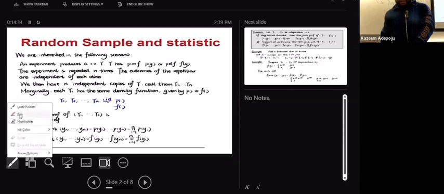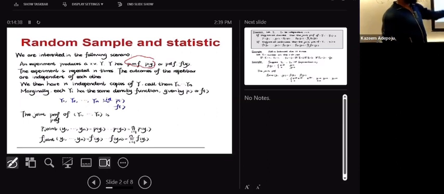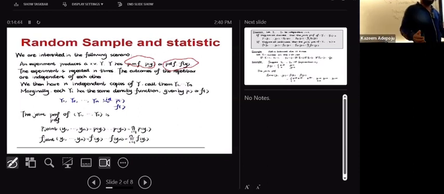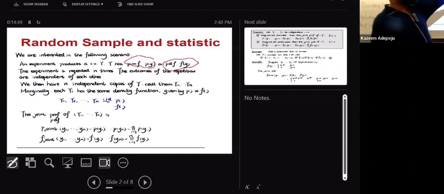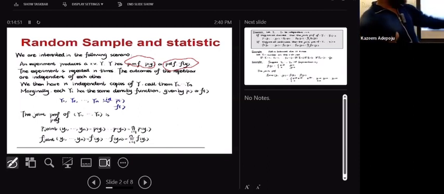So take a look at this guy. So the PMF, when it is discrete. When it is continuous, it's going to be called PDF, which is called probability density function. And we're going to use f of y to denote the probability function of a continuous random variable.